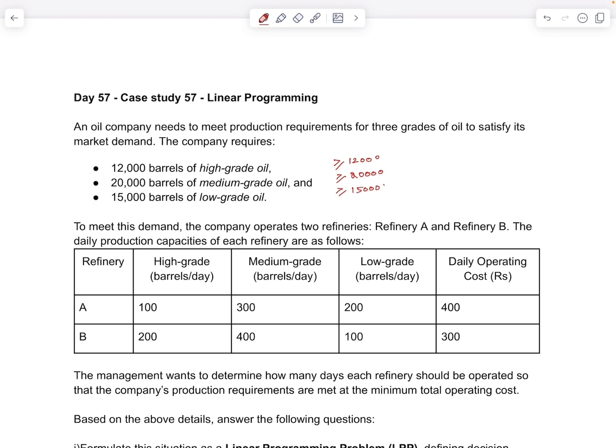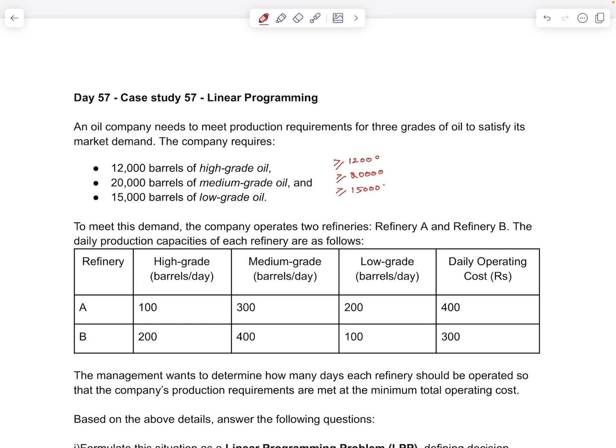To meet this demand, the company operates 2 refineries, Refinery A and Refinery B. A produces 100 barrels of high grade oil, 300 barrels of medium grade oil, 200 barrels of low grade oil. Operating cost is 400. For B, it produces 200 barrels of high grade oil, 400 barrels of medium grade oil, 100 barrels of low grade oil, and the operating cost is 300.